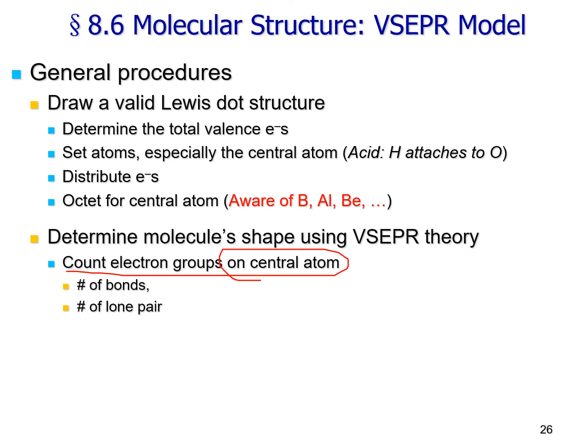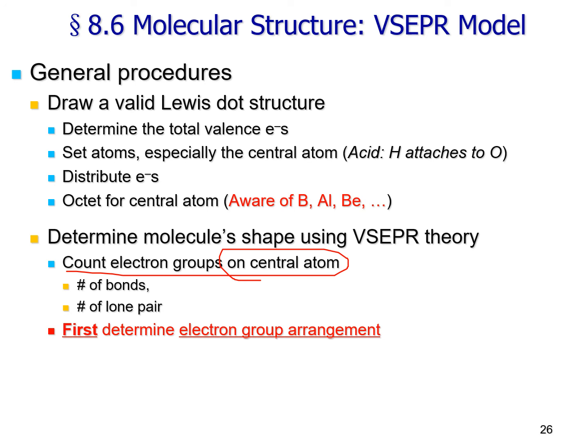We count each as 1 electron group. Then, based on the sum of these bonds and pairs, we determine the electron group arrangement.